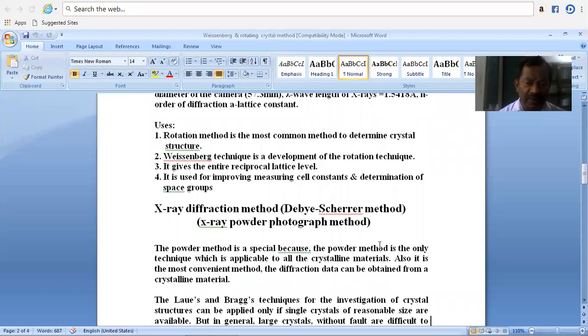The powder method is special because the powder method is the only technique which is applicable to all the crystalline materials. Also, it is the most convenient method. The diffraction data can be obtained from a crystalline material.